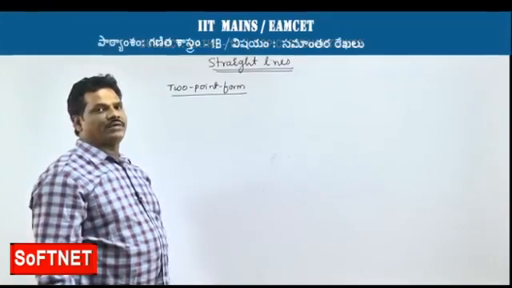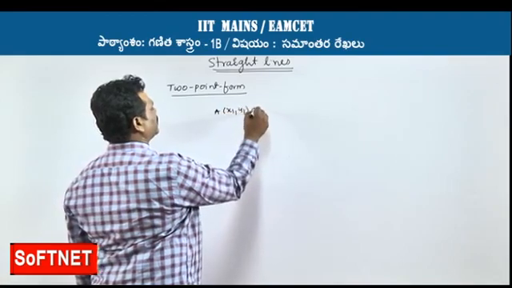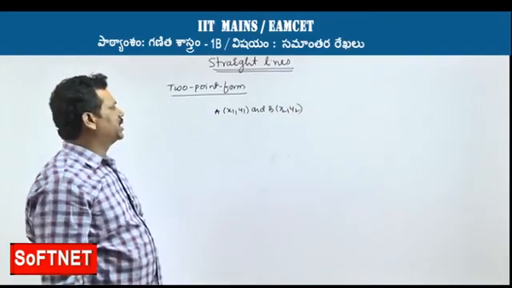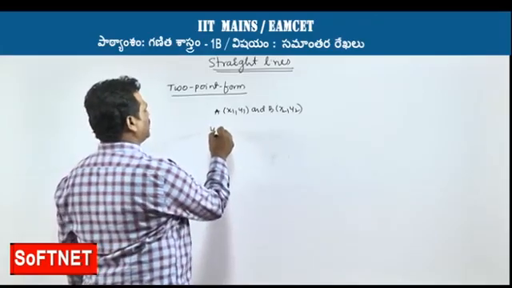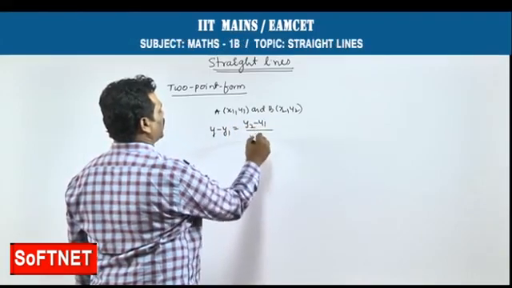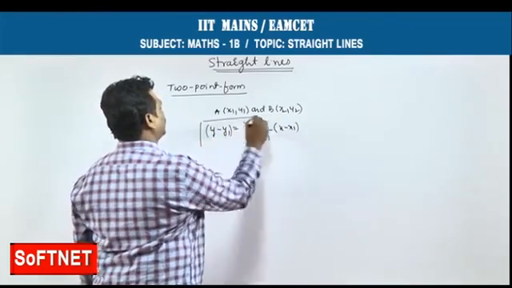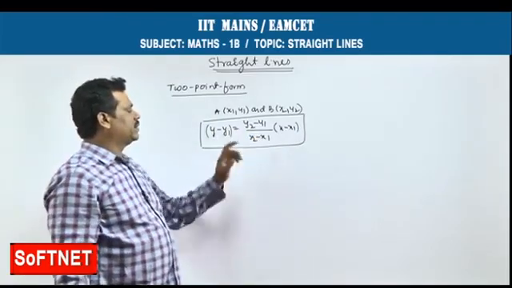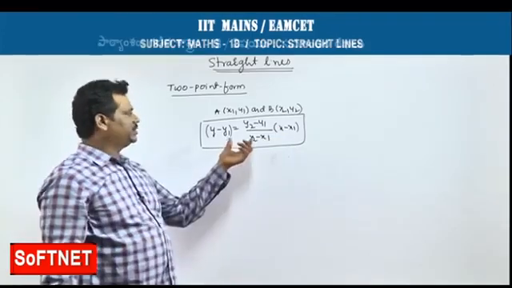The equation of the straight line passing through two points A of x1 comma y1 and B of x2 comma y2 is, by the formula we already know, y minus y1 equal to y2 minus y1 by x2 minus x1 into x minus x1. This is the two-point form.